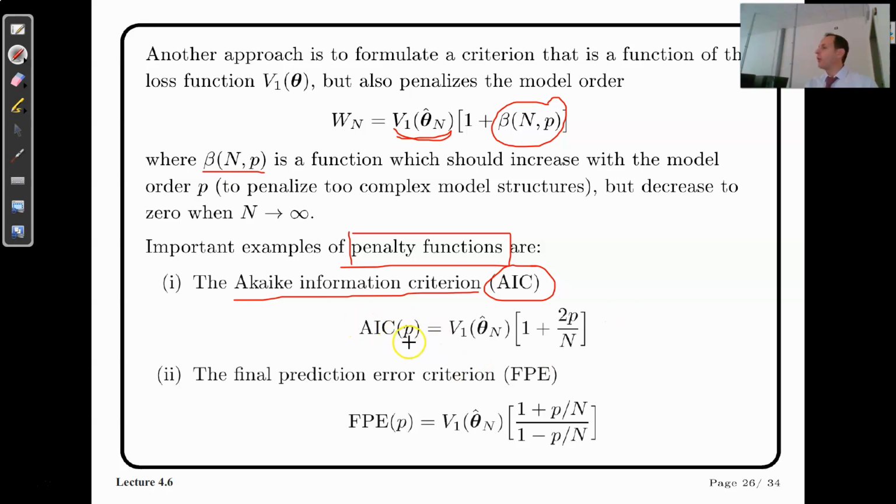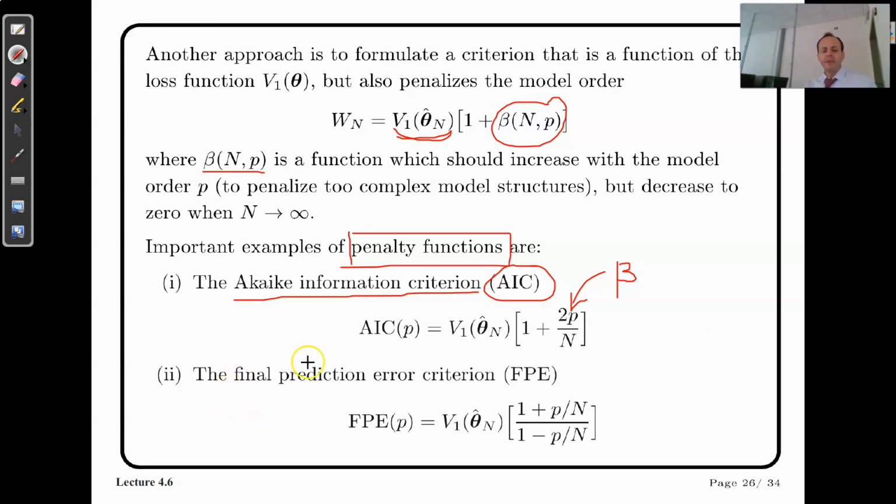AIC depends on P, the order of the model, and is built in this way: V1 multiplied by 1 plus 2P divided by N. As you can see, it follows the general shape of a penalty function. In this case, beta is a very simple linear penalty of your model order.